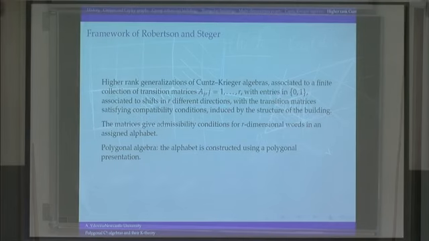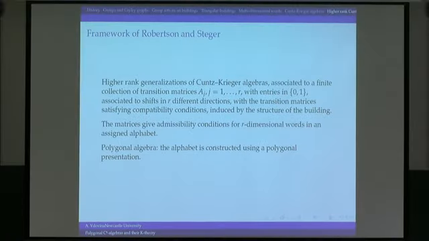So what was the framework of Robertson and Steger? It's to define certain multi-dimensional alphabets where they really have no restriction on dimension, and then certain compatibility conditions.